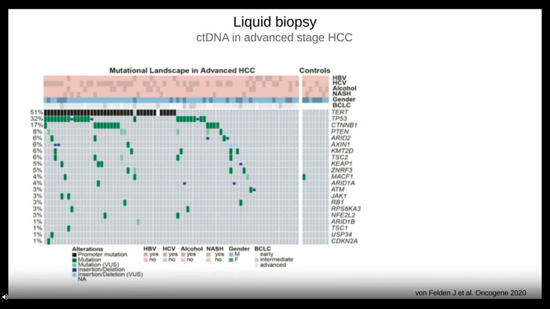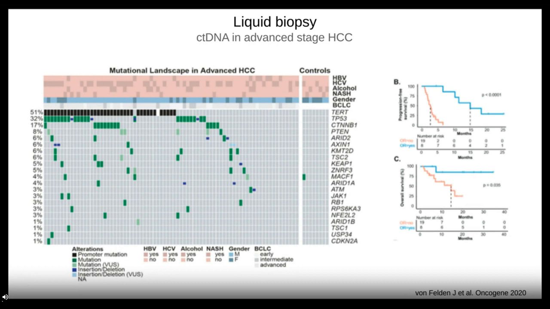The first thing we see is that the majority of genes that are prevalent in early HCC are also prevalent in advanced. The most frequently mutated gene was TERT promoter with 51%, p53 30%, beta-catenin 17%, and as in early stages, beta-catenin and p53 mutations are mutually exclusive.